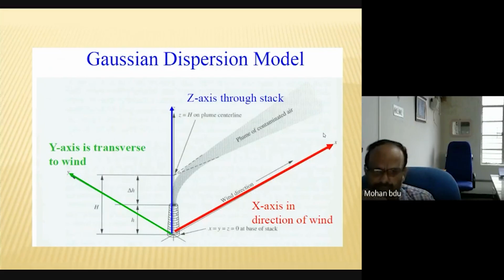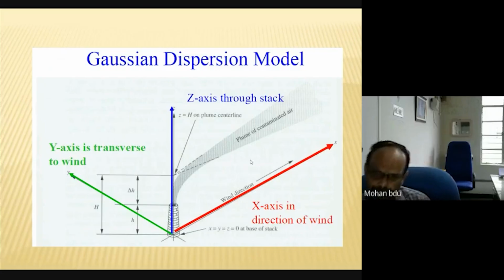So the Gaussian plume model, as shown in the picture: as soon as the plume or the flue gas is out of the stack, it tries to move towards the downwind direction, or the windward side. That direction is called the x-axis.